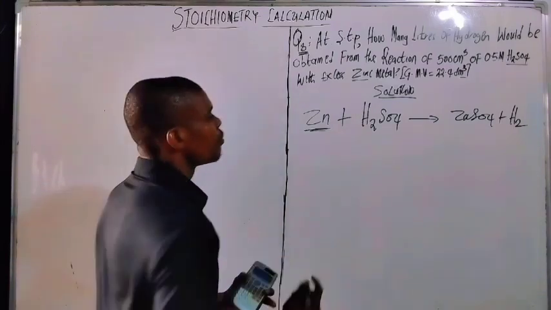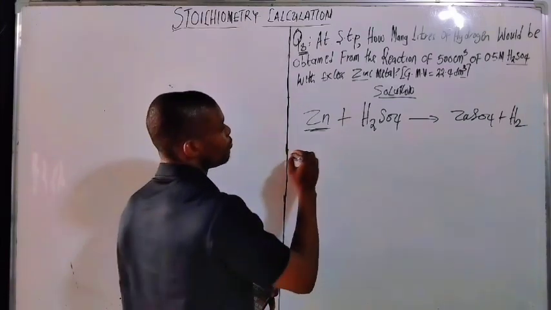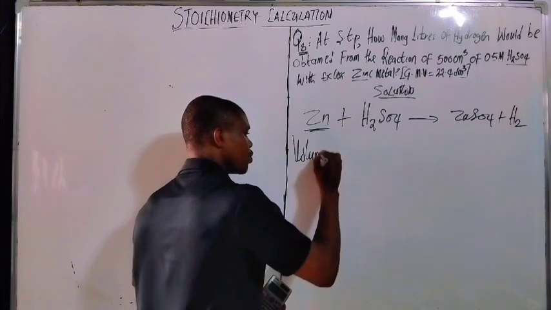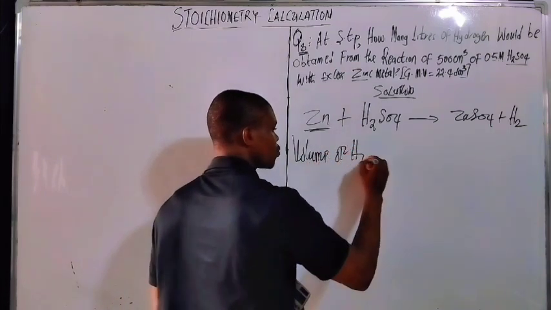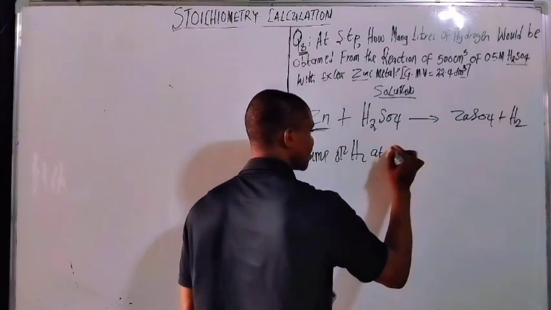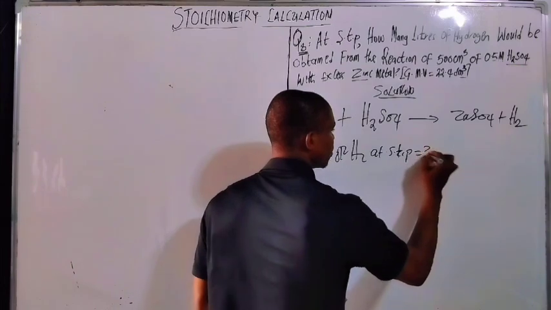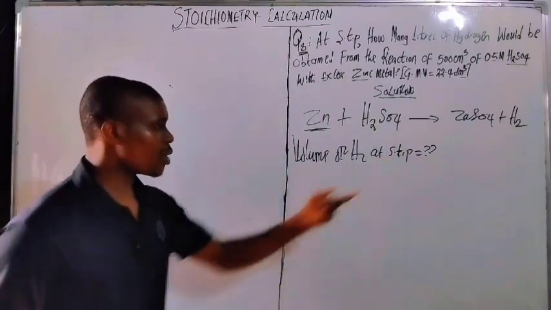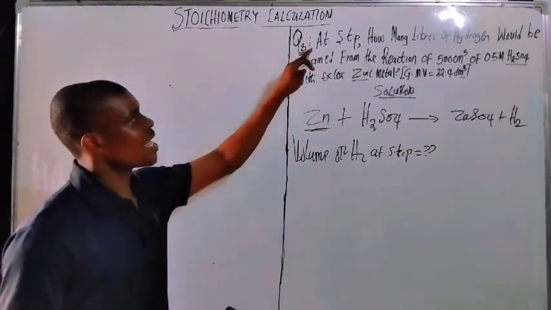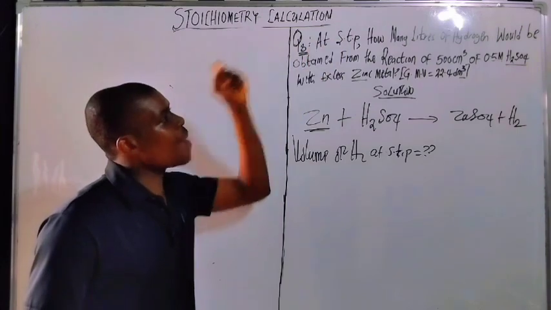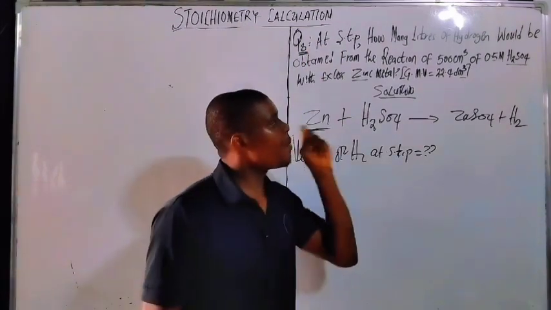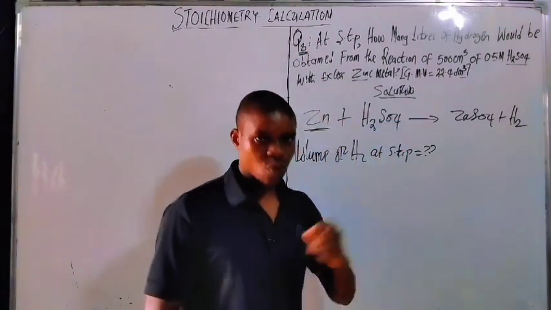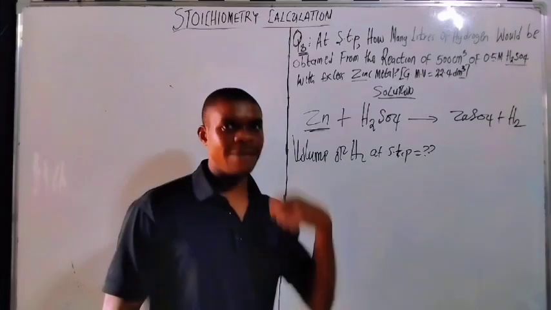Now what do they say we should look for? The volume of H2 at STP. Look at it: at STP, how many liters of hydrogen gas will be obtained, liberated?